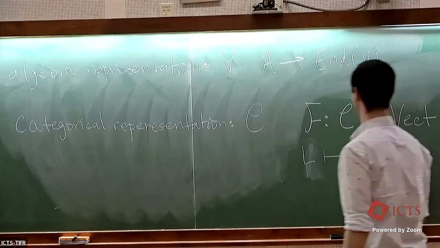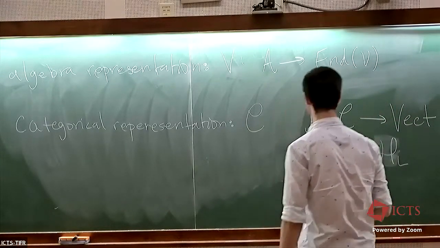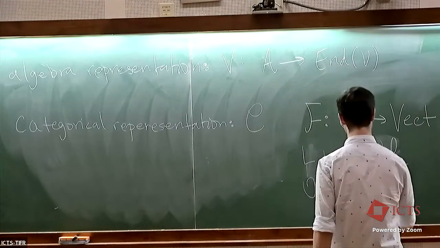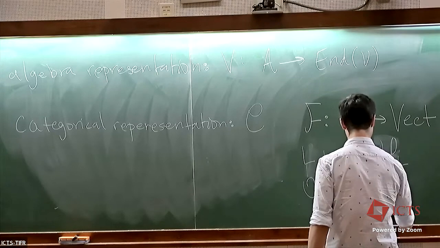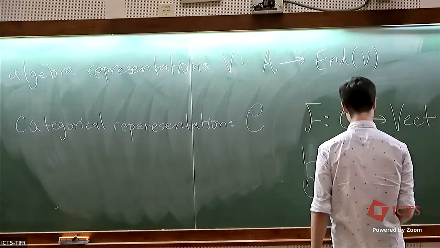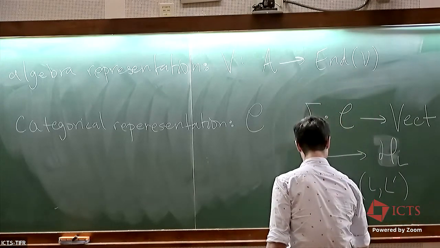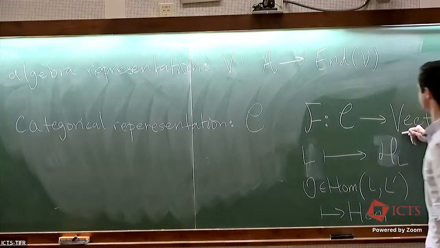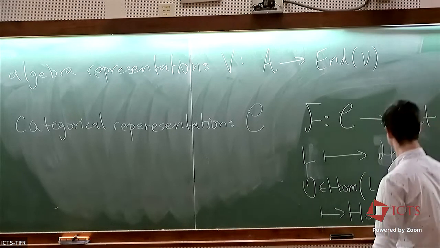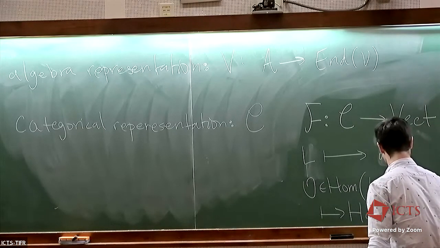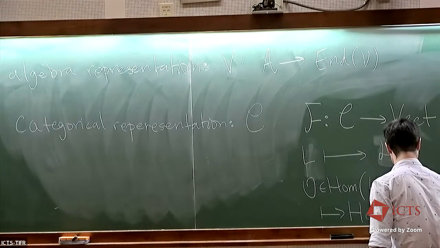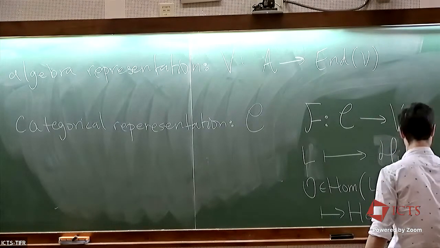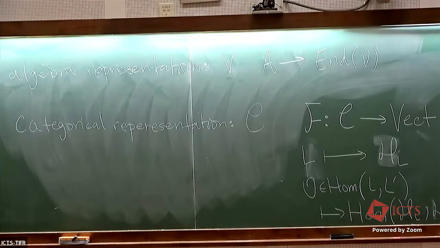And for every morphism, I'll call it O, that's a homomorphism from L to L prime, I should get a morphism in this vector space category. I.e., I should get some linear map from H_L to H_L prime.